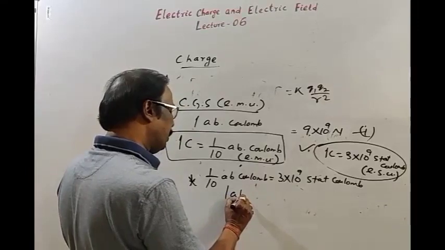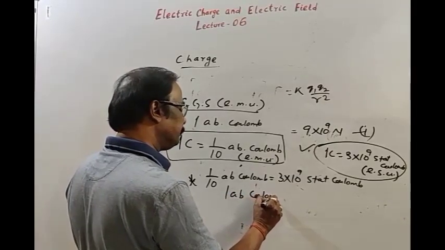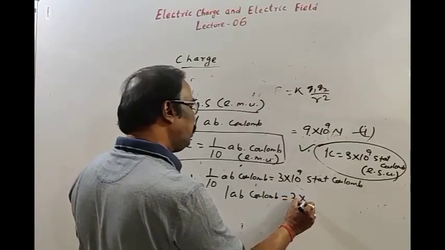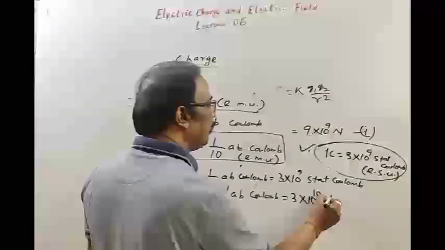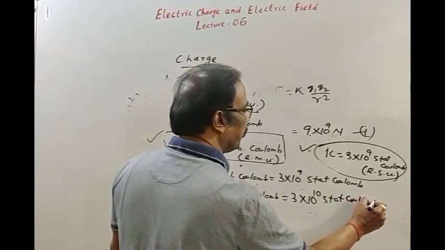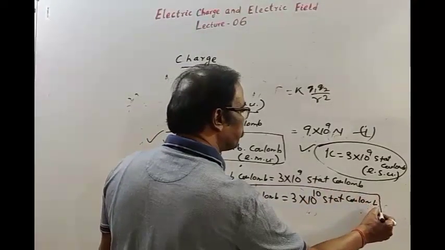Simplifying, 1 absolute Coulomb, the electromagnetic unit, is equal to 3 into 10 to the power 10 stat Coulomb or ESU of charge.